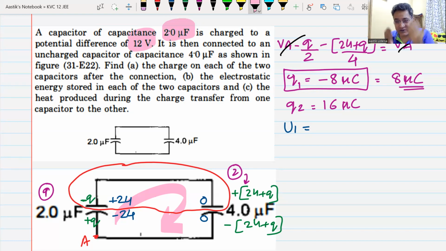Only two formulas we have done in the entire chapter. One is Q is CV, one is energy is half CV square. 144 microjoules. You just can't remember these formulas.